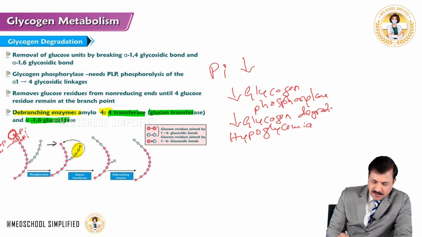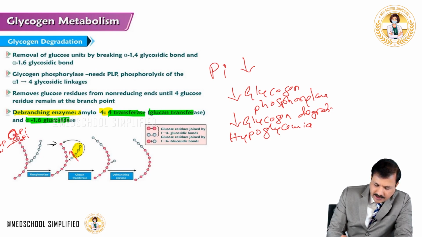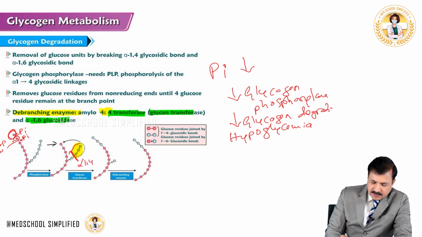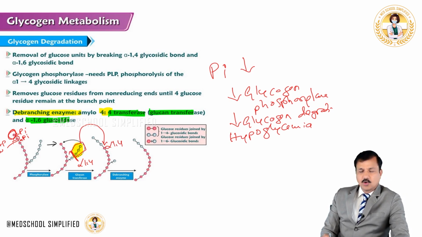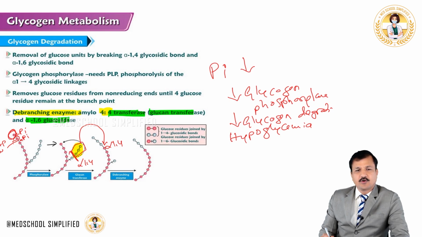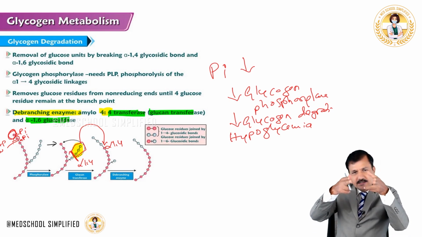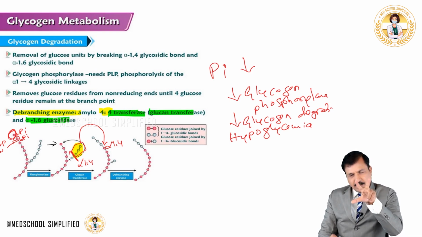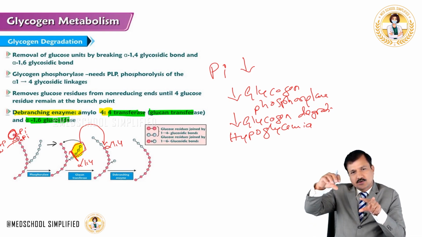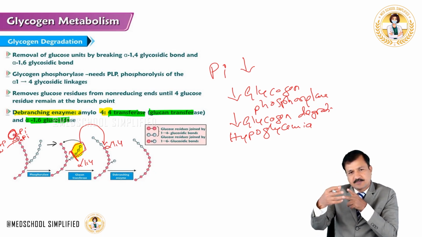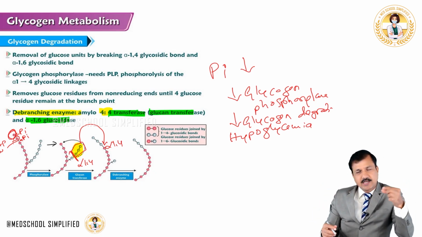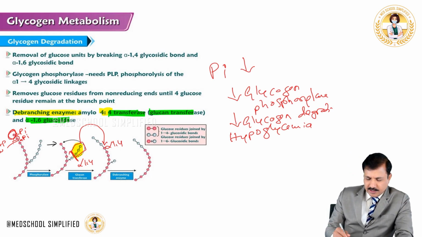Let me explain that to you. It breaks this alpha-1,4 bond, takes these 3 glucose residues and transfers them here by creating an alpha-1,4 bond. So basically the glucan transferase, or the 4,4-transferase enzyme, cuts the alpha-1,4 bond in one of the branches, takes those 3 glucose residues and attaches them to the other branch, thereby elongating the other branch by 3 more glucose residues. And that's what is shown here.